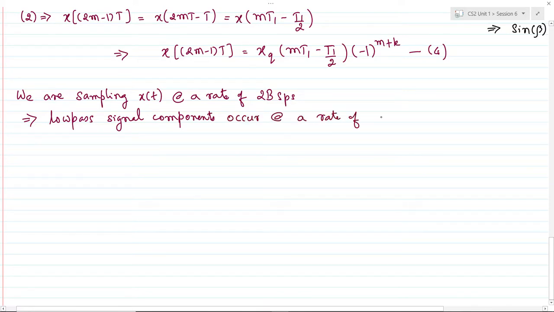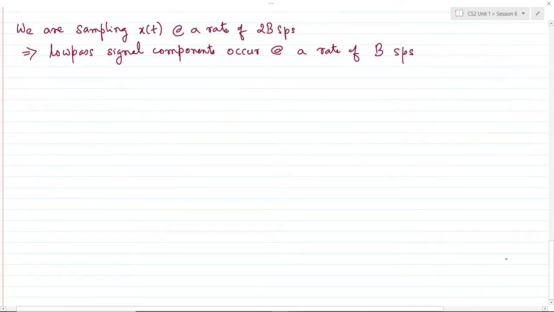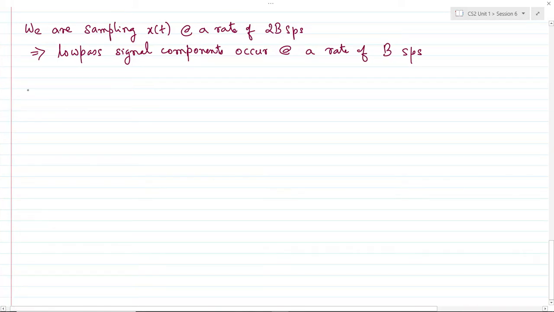Now that we have obtained samples of this signal, our next part of this session is to verify whether we can recover the original bandpass signal or not. So let's try to verify this by reconstructing the original signal based on these in-phase and quadrature samples, or even and odd samples.